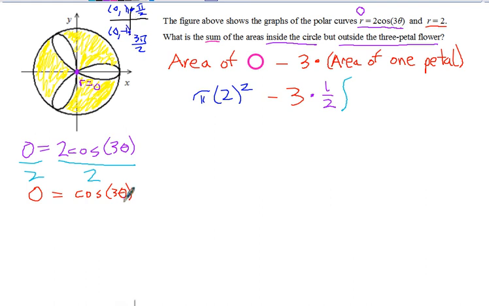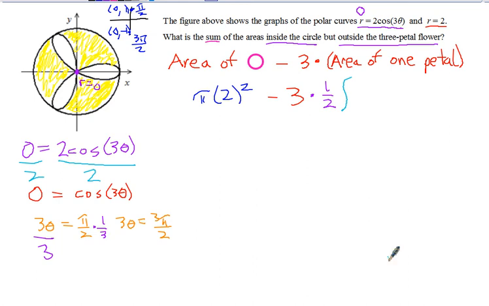So I notice it's 3 theta that would have to equal that. So the 3 theta that's inside cosine should equal pi over 2, or 3 theta should equal 3 pi over 2. So if we divide by 3, remember dividing by 3 is the same as multiplying by 1/3.